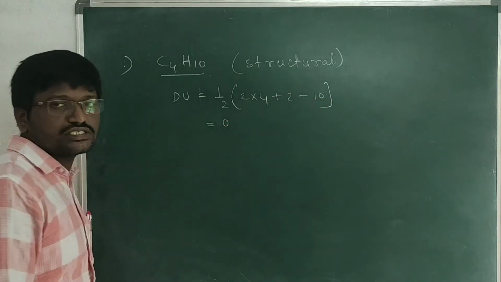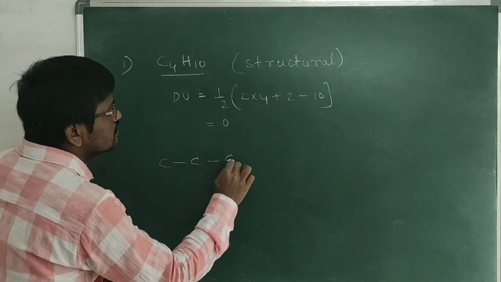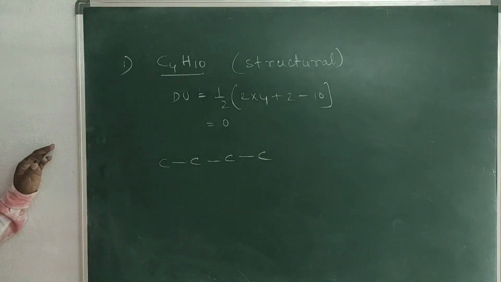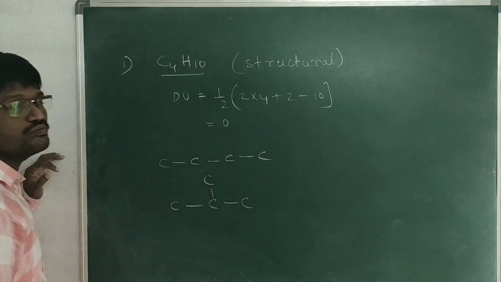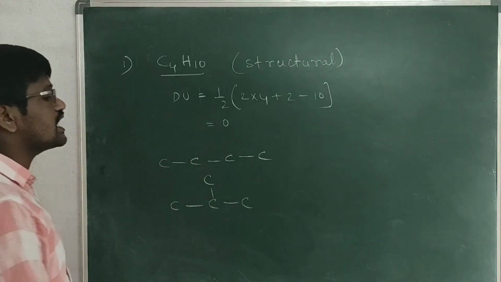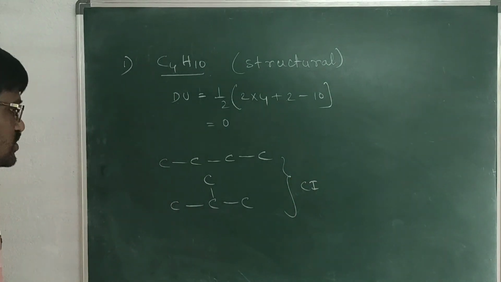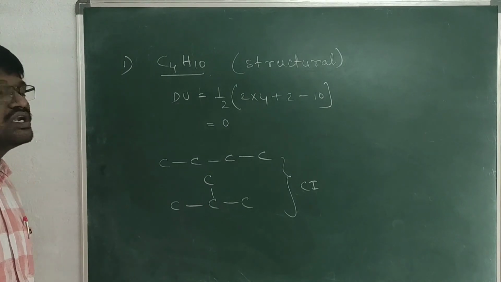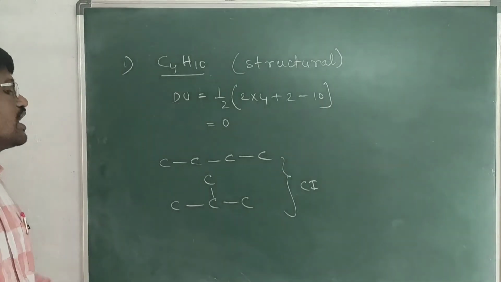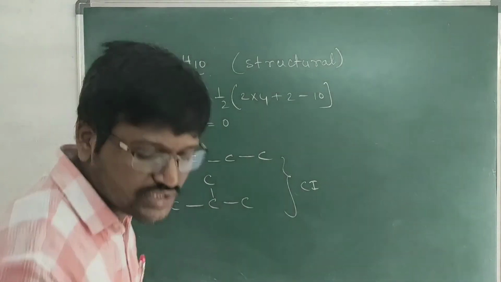The degree of unsaturation is 0. There is no pi bond here. So we can take butane like this, and we can write isobutane. So these are the chain isomers. We can't write position isomers because there is no substitution, no functional group, no multiple bond. We can't write positional isomers, only chain isomers. That is, 2 are possible for C4H10.